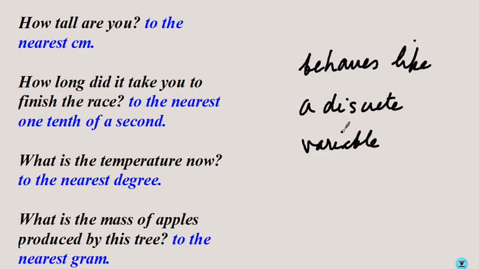And the reason is, when you round your height, you give your answer as either 160 centimeters or 161 or 162, so the values jump. So in this case, even though the variable is continuous, it just behaves like a discrete variable.